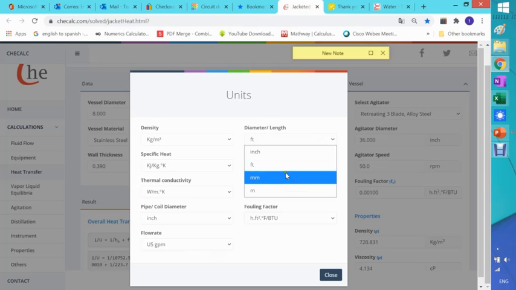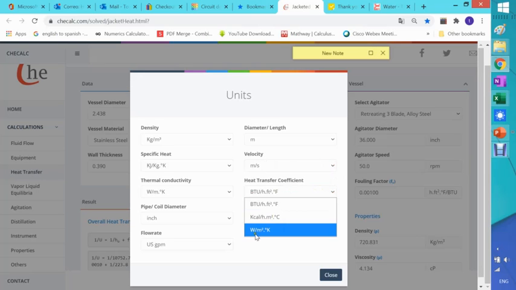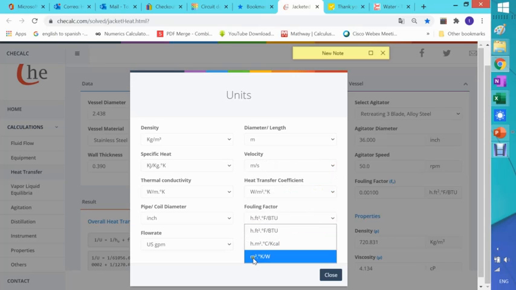How about this one? I can change it to diameter, length. I want to change this to meter. That will do, diameter and length. How about velocity? Meter per second. Heat transfer coefficient, I'm okay the way it is, but I'm going to change this as well to a metric unit, and the fouling factor also we'll change to metric.